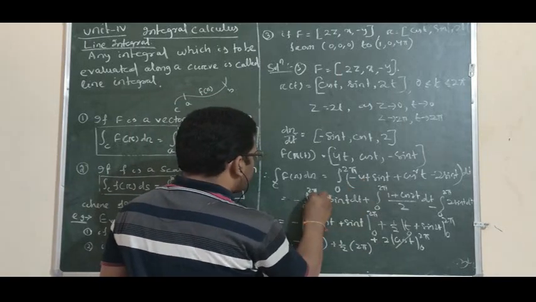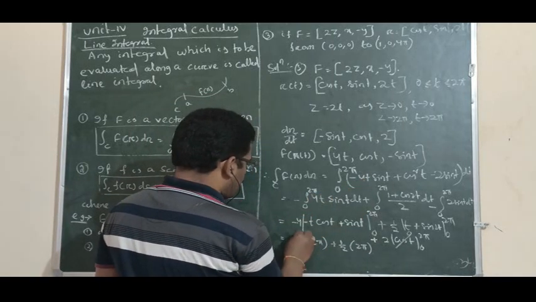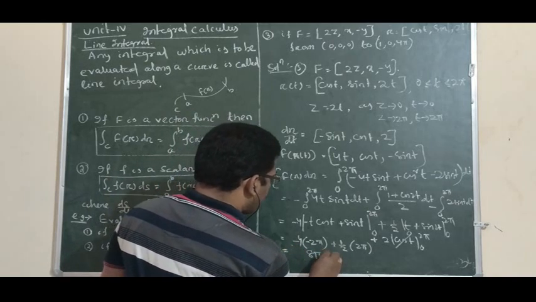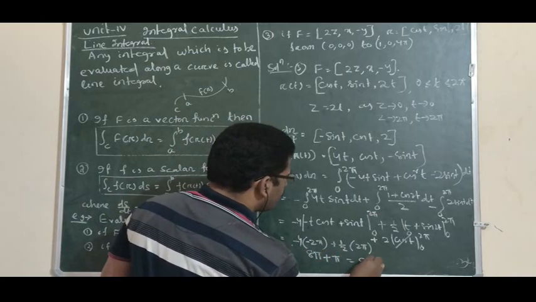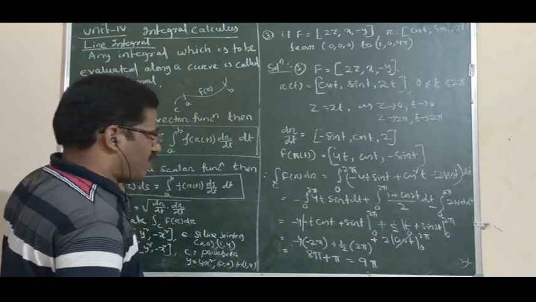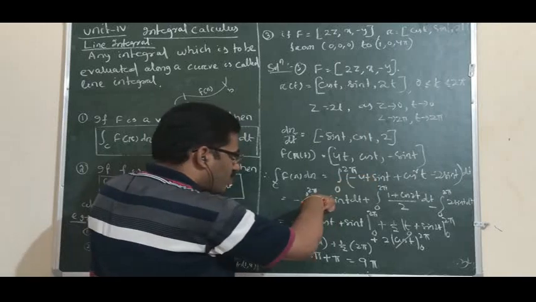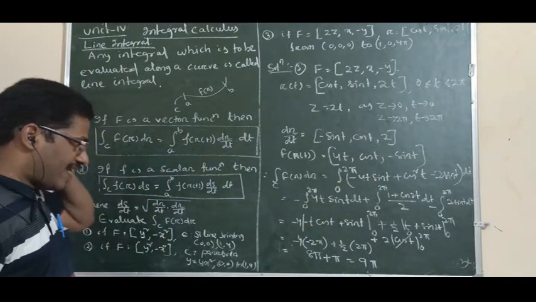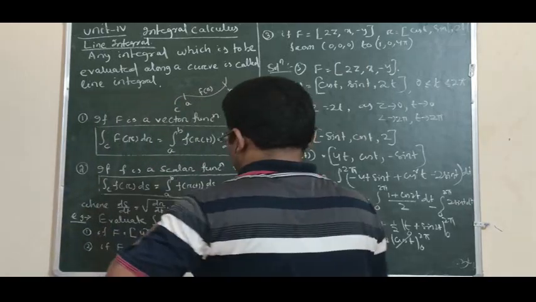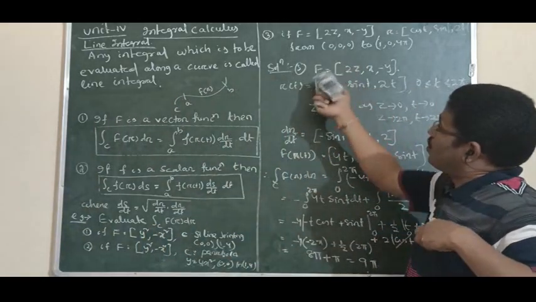So we will write this is 4, this is 4, this is 4, so you will get 8 pi plus pi, that becomes 9 pi. This is the required solution. The 4 left here, we have to multiply, so we will get 9 pi as the required solution. This is question number 3 solution.